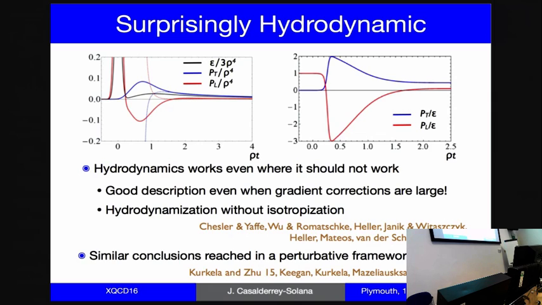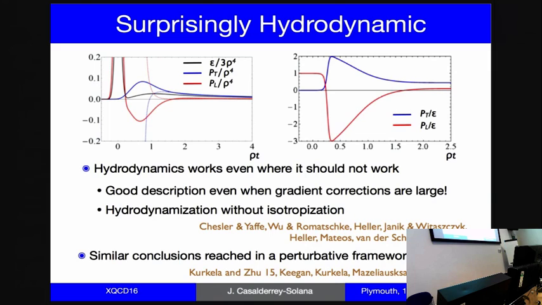And if I focus on the narrowest width that we managed to collide, what you can observe is that the difference between the longitudinal pressure and the transverse pressure by the time that hydrodynamics is valid, which in this unit is somewhere over here, is of order 1.